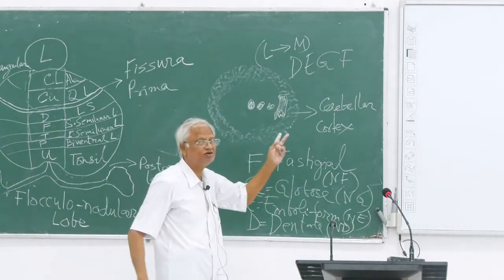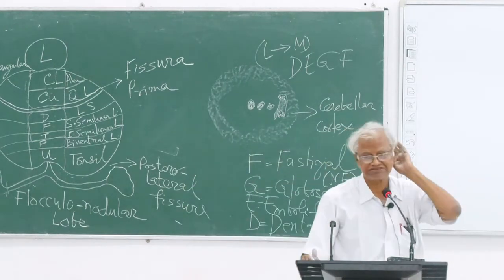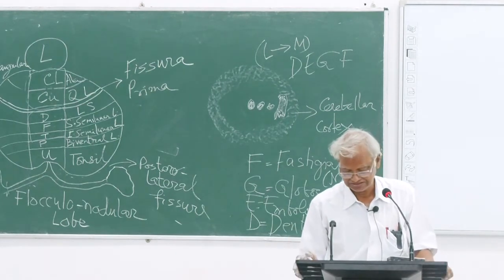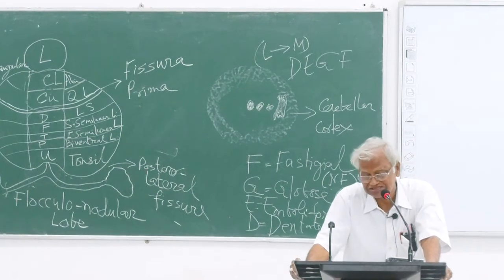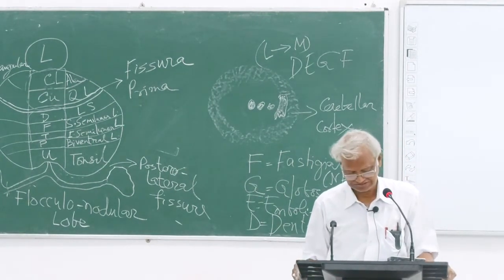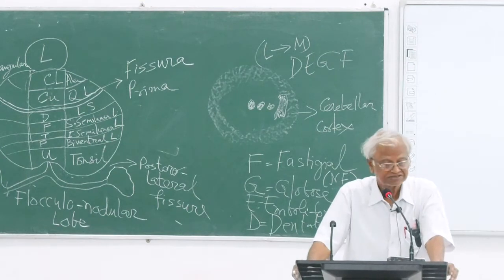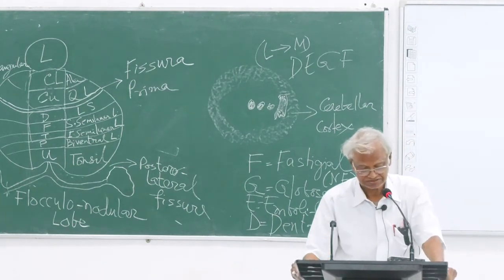It is the largest of all four nuclei. The dentate nucleus is the largest. The nucleus fastigii, nucleus globosus, nucleus emboliformis, and nucleus dentatus. It is serrated with a tooth-like appearance. That is why it is called the dentate nucleus.